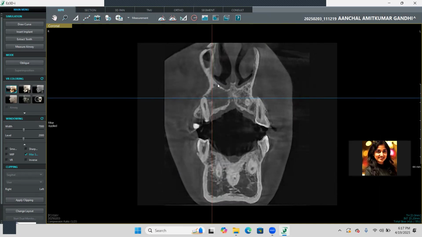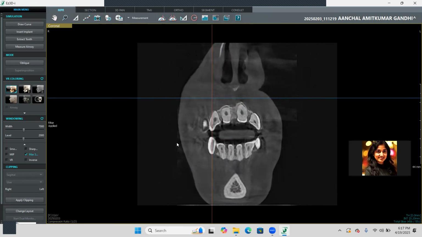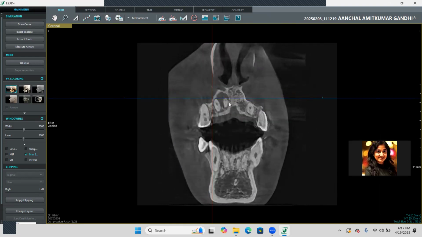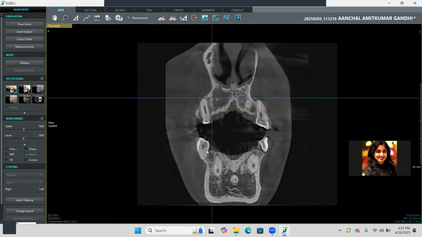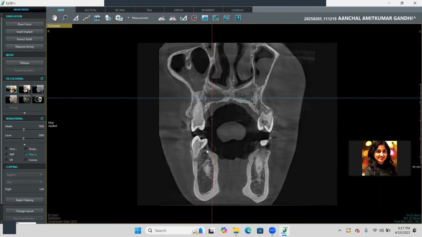We can, however, measure the length, but still sagittal is better for the length and the width. Coronal is just for an idea regarding how far it is extended. You can see it's not involving the midline. It's not crossing the midline.